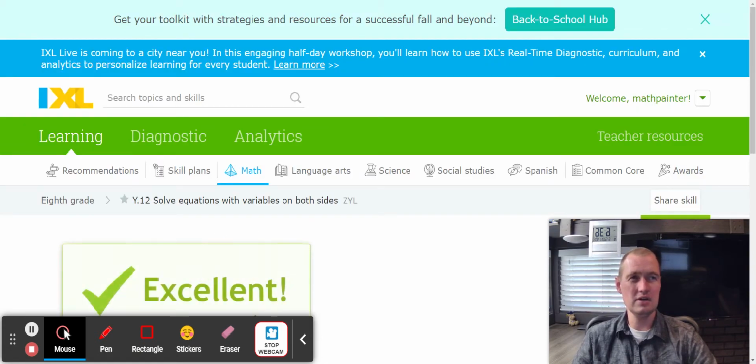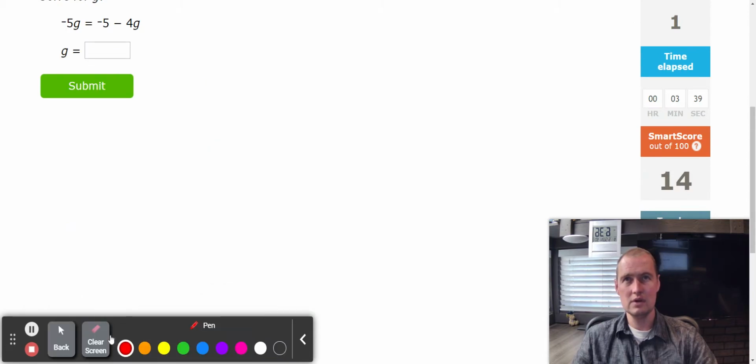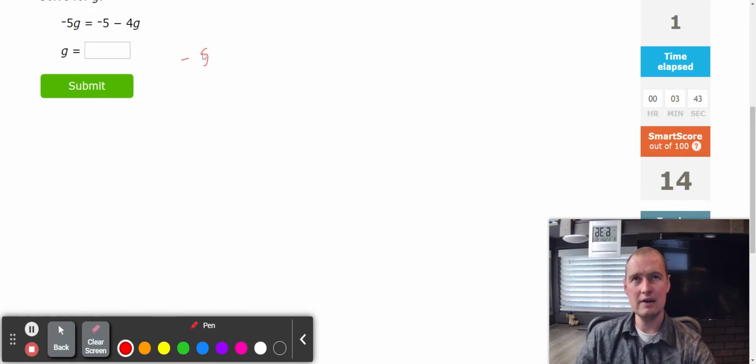So in this IXL, it's just a matter of figuring out how you move your variables to one side. All right, here we go. We got another problem. We got negative 5g equals negative 5 minus 4g. Well, the negative 4g is with the 5, so I'd rather have the g's on the left side.